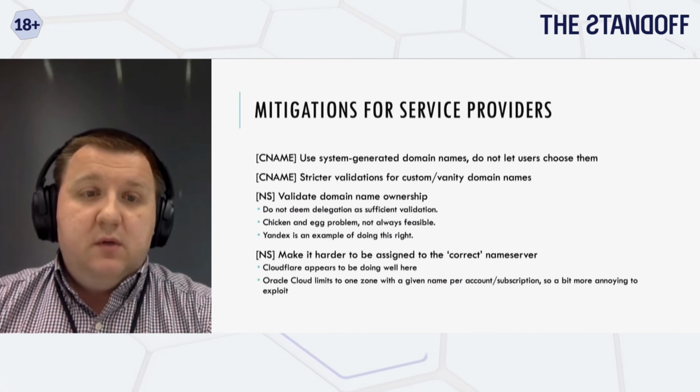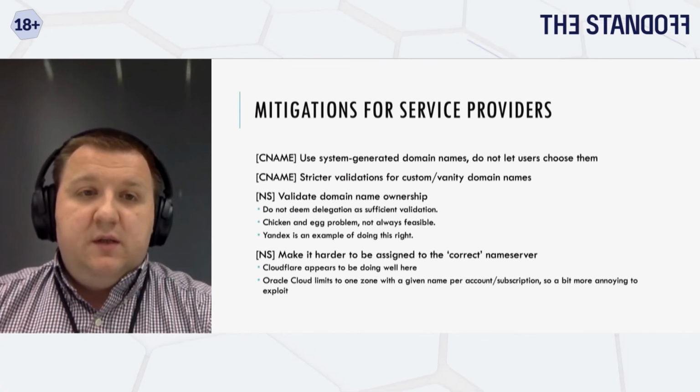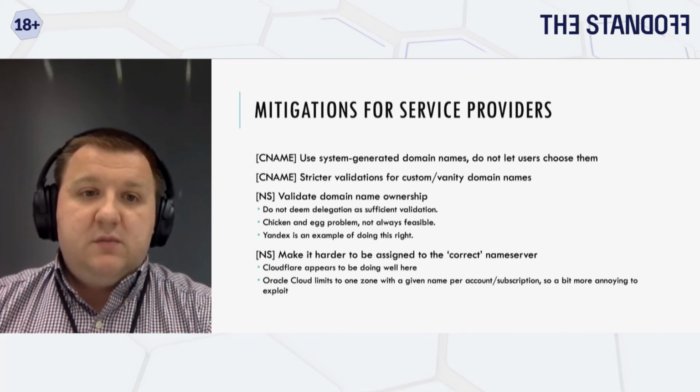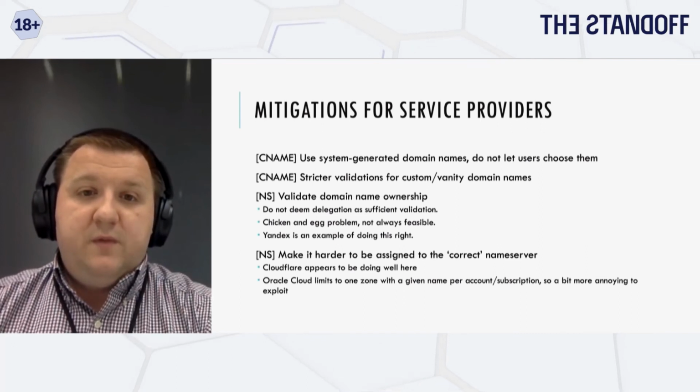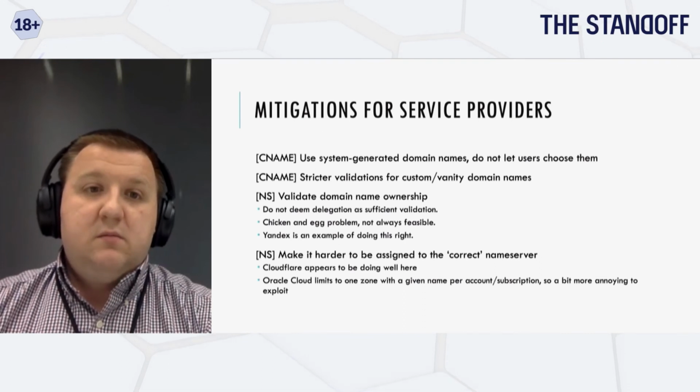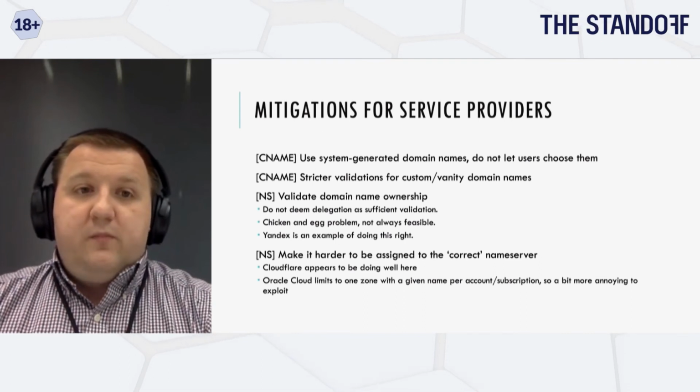For service providers, the mitigations we can propose are as follows. On the CNAME side, you can disallow users from choosing names. For example, you can simply use system-generated domain names.